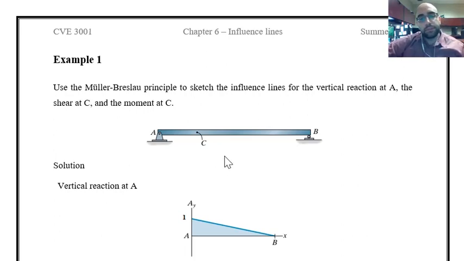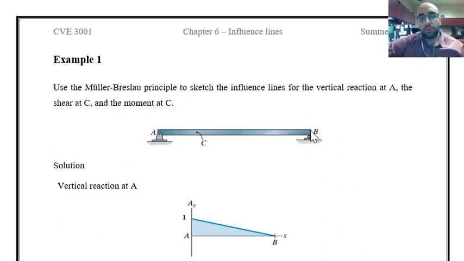Over here, the first part of the question is asking about the vertical reaction at A, as you can see in this portion of the question. So for that, I have to remove the restriction for vertical force at A and apply a unit displacement. That's what we have over here, right?